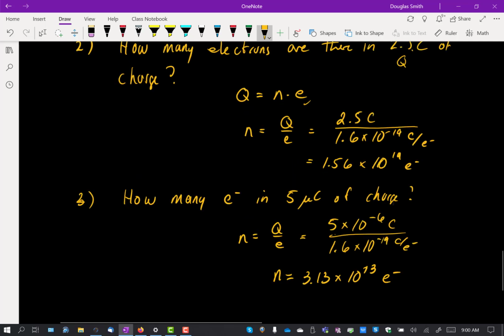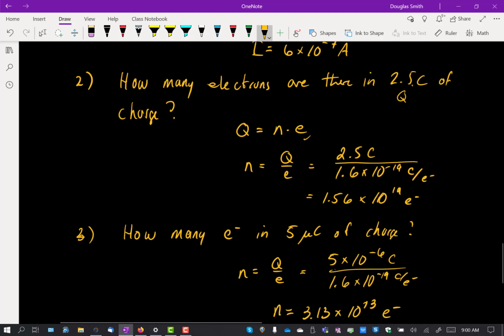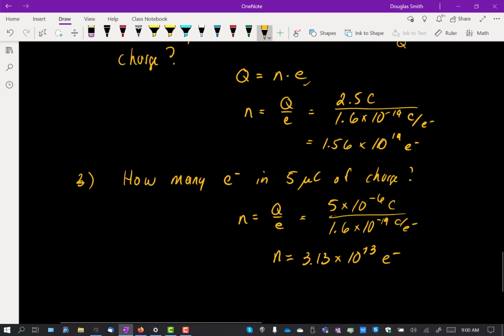And now let's come back and do one more practice question combining these two ideas. Current is charge divided by time, and charge is number of electrons times the charge of an electron.